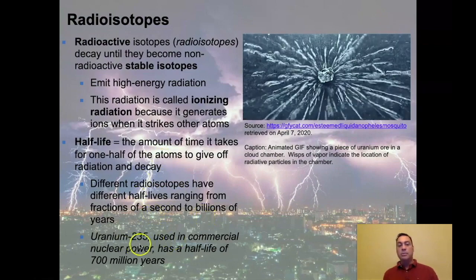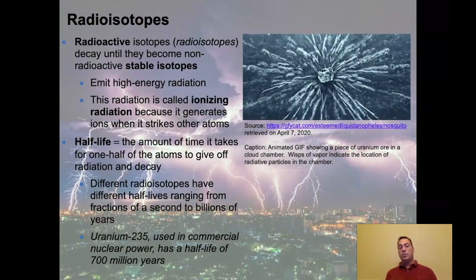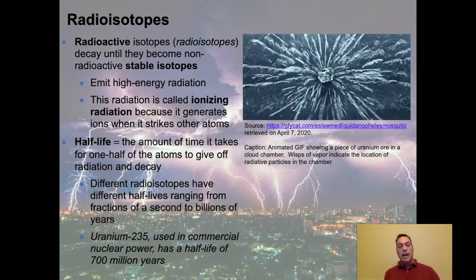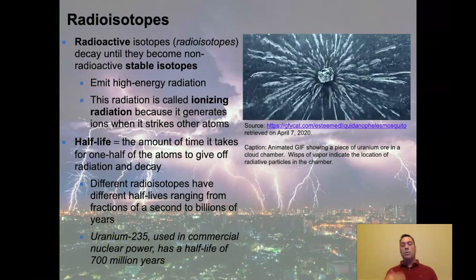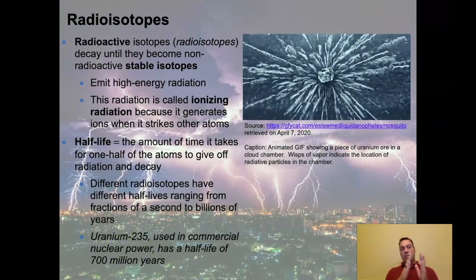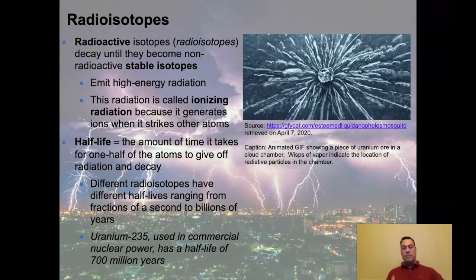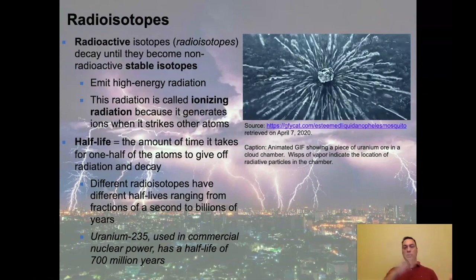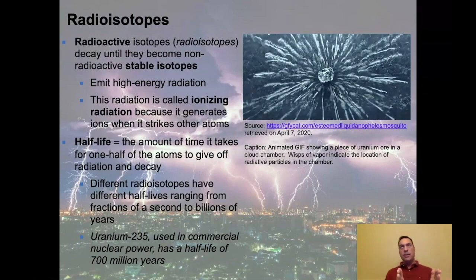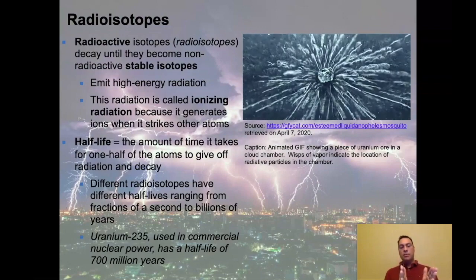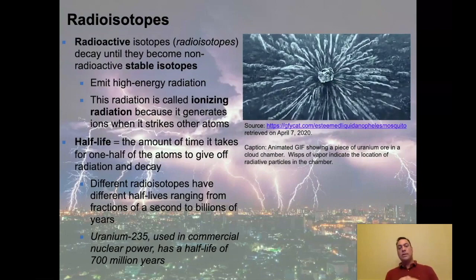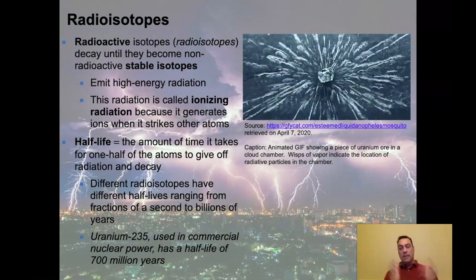For example, uranium-235, which is used in commercial nuclear power and also in nuclear weapons, has a half-life of 700 million years. So over about 700 million years, if I had a block of it, half of it would convert into a stable isotope, and if I remember, it's lead.